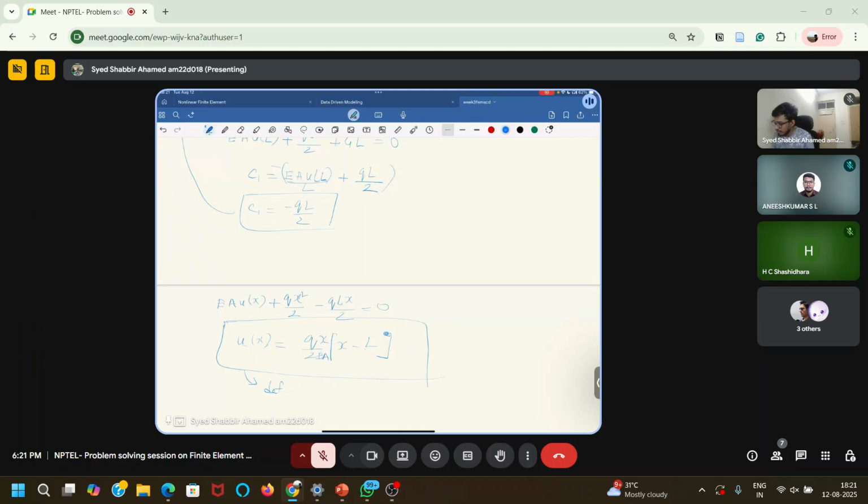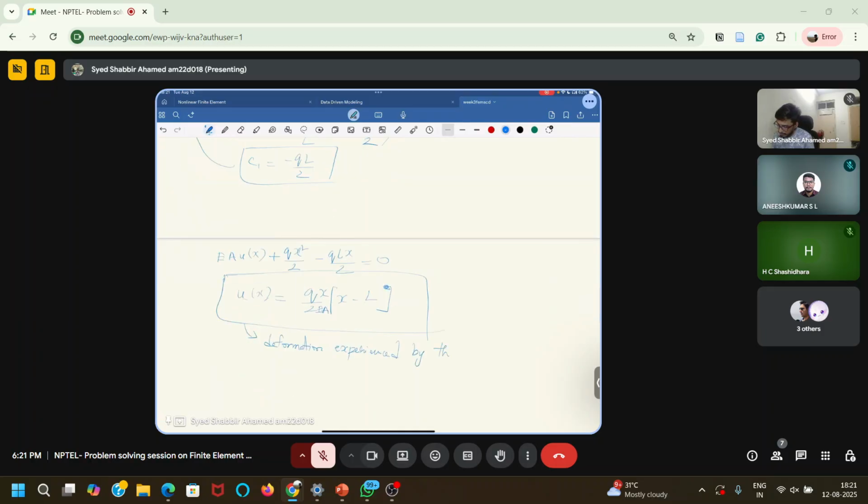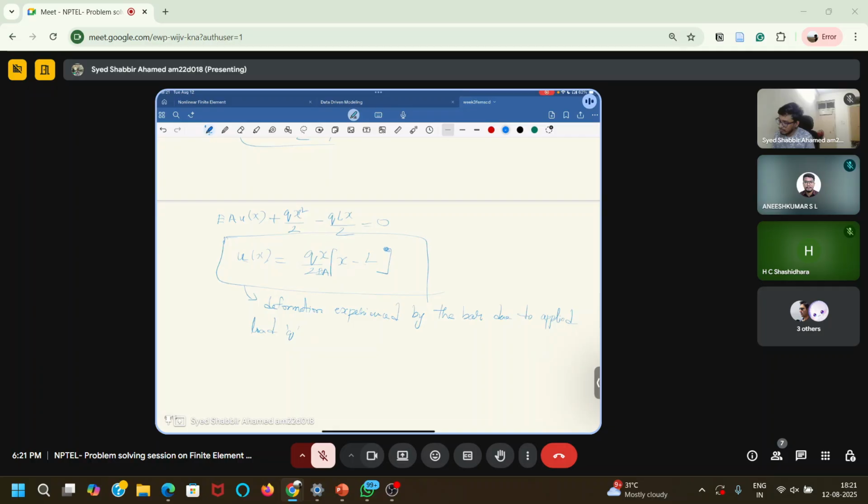Deformation experienced by the bar due to applied load Q. So you can see that if you substitute x equal to 0 here, you will get u of 0 equal to 0.